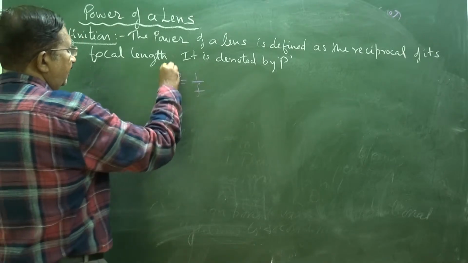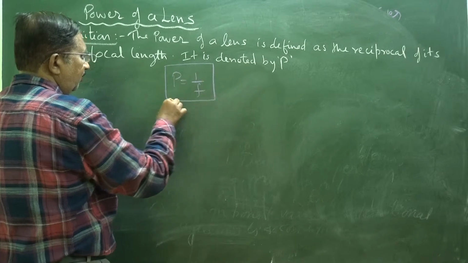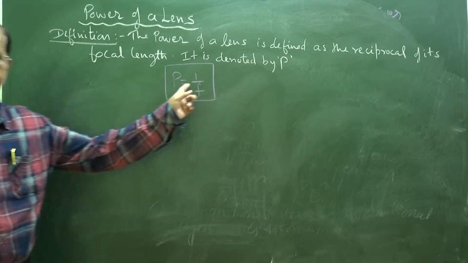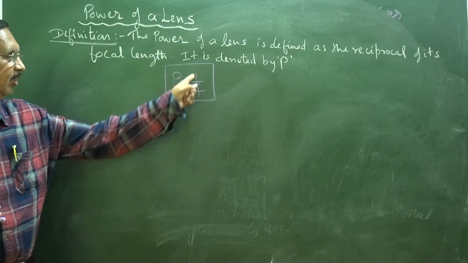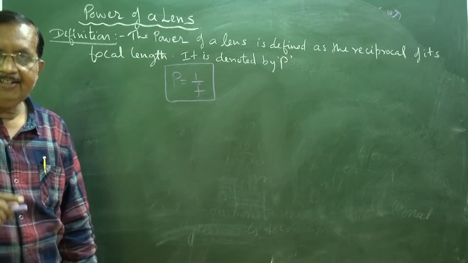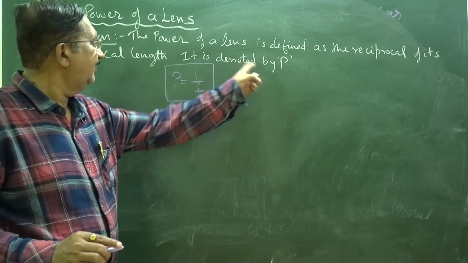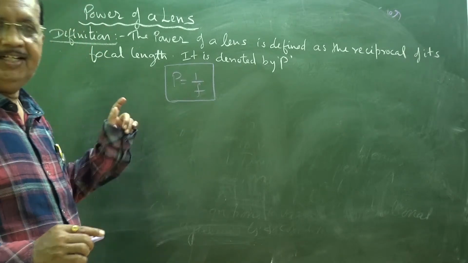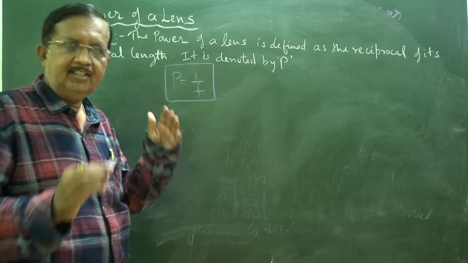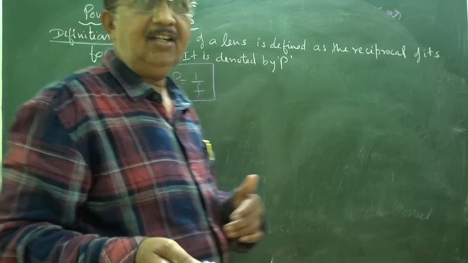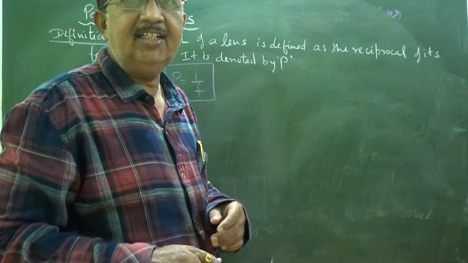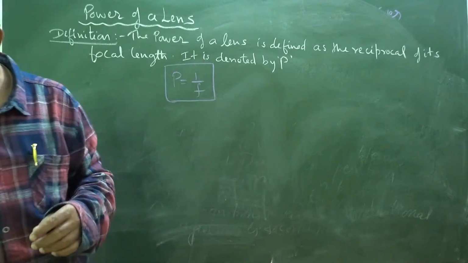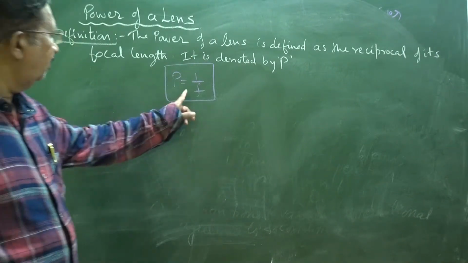Power of a lens is denoted by P is equal to 1 by f, and the focal length will be expressed in meters. If it is given in centimeters in some problem, you must convert it into meters.